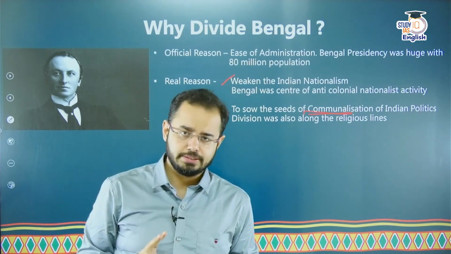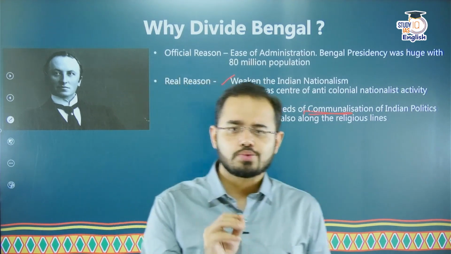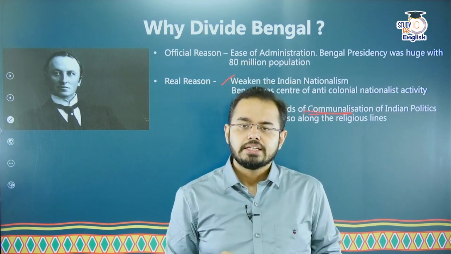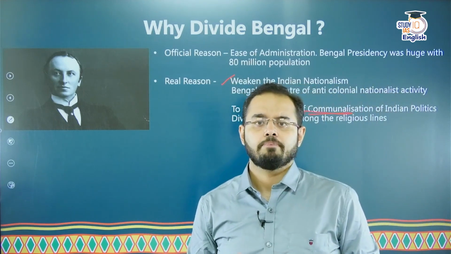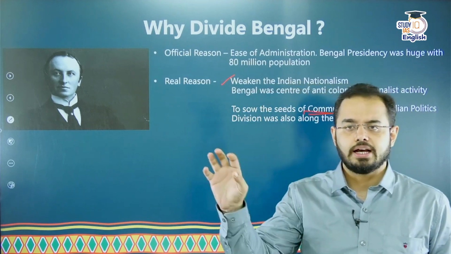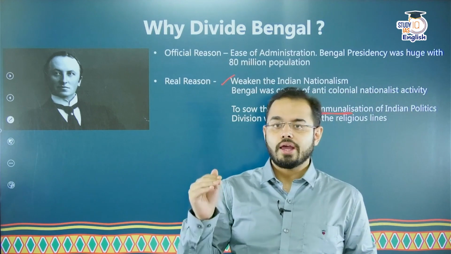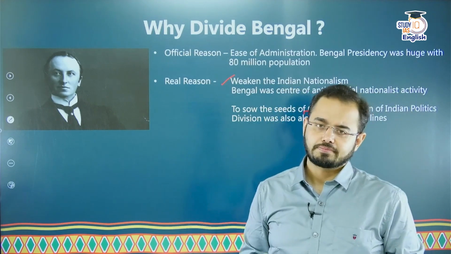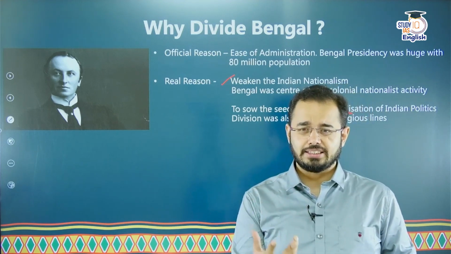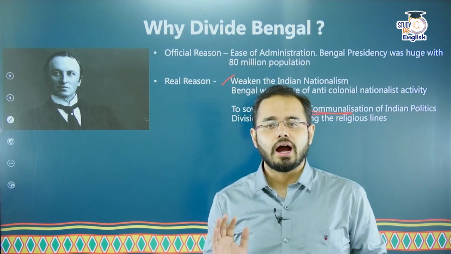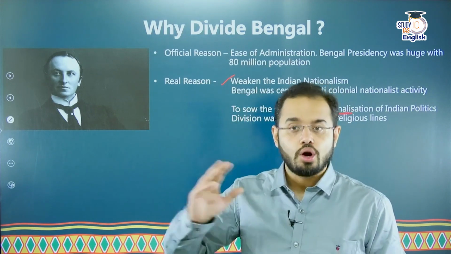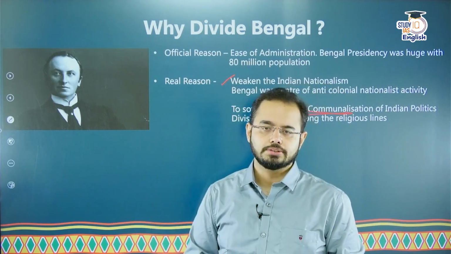There was one more reason. And the reason was very economical. See, the province of Eastern Bengal also had areas of Assam districts where tea plantations were coming up. Now, when there was a tea plantation in Assam, Britishers wanted to hide a lot of wrongdoings that were happening in tea plantations.